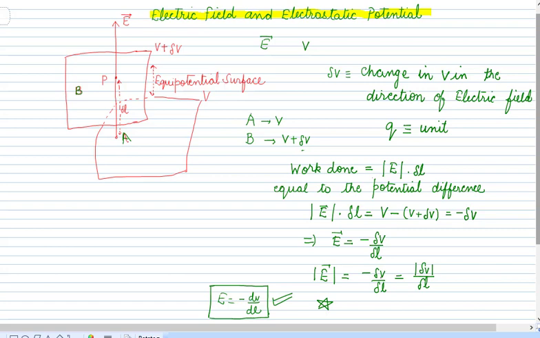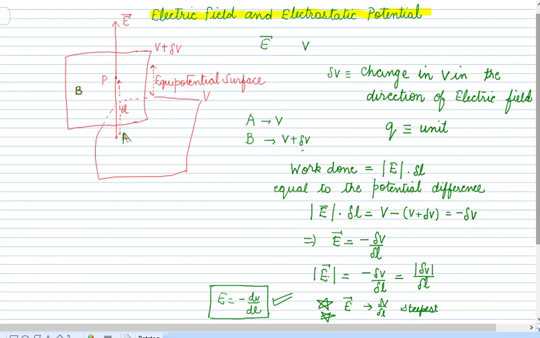That means it is having the highest value of delta V over delta L. So we can say that the direction of E is where delta V upon delta L, or the potential, decreases steepest.